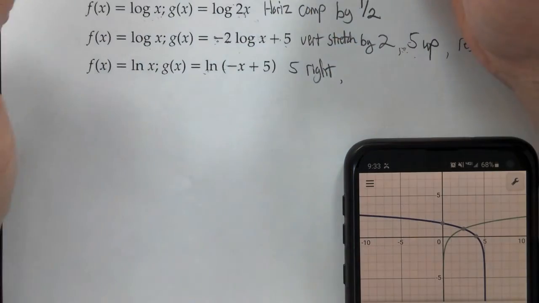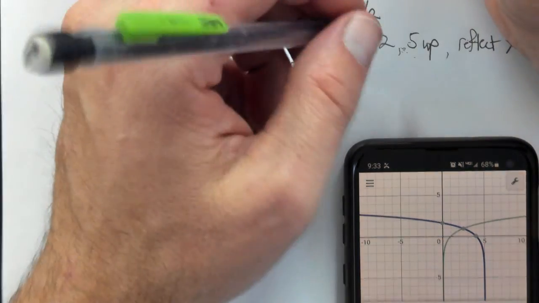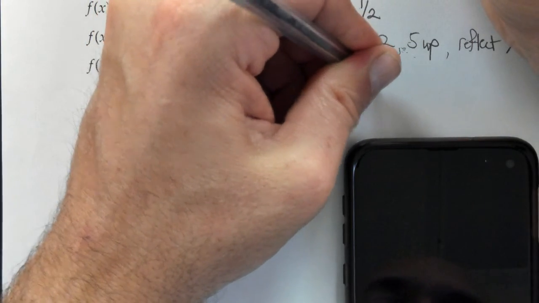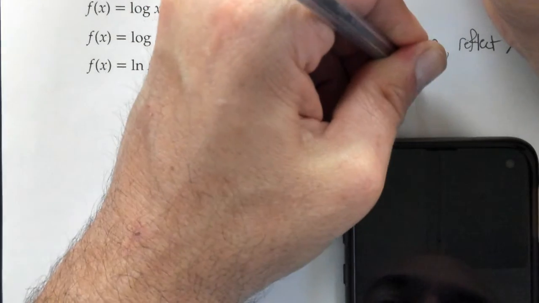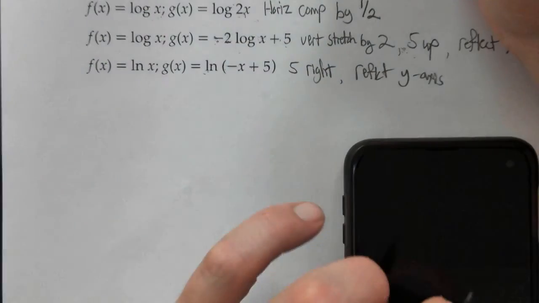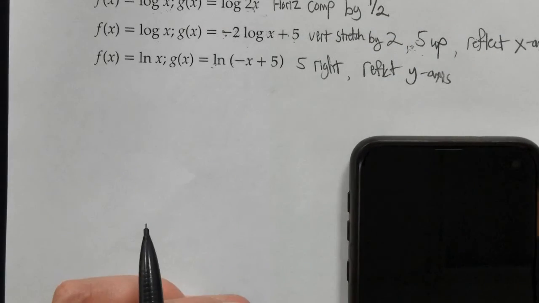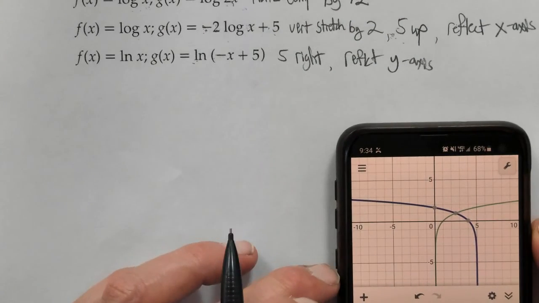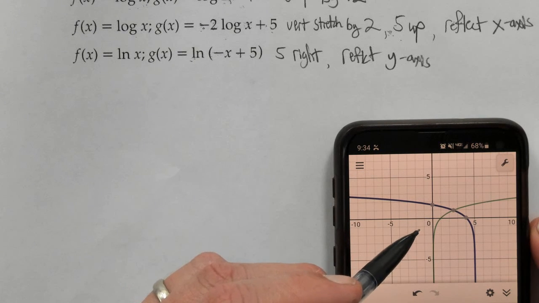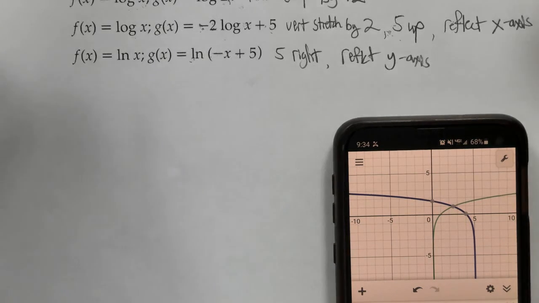5 to the right is the actual movement, and of course, because of that negative, we're now reflected through the y-axis. All right, so both of those movements are now taking place, which, of course, is verified by the graph. So it flips through the y-axis and then pushes 5 to the right.